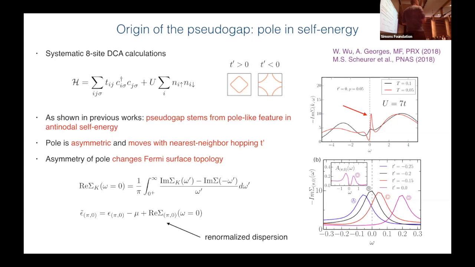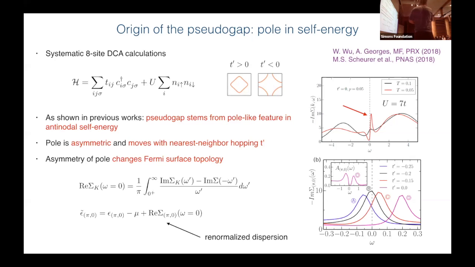So that's what's at the origin of the pseudogap, but it comes with some consequences. And then you can understand from the Hamiltonian relation here. If I take that and try to compute the contribution of the real part of the self-energy at low frequency, which is something that controls the shape of the Fermi surface, because this is basically what's going to renormalize your chemical potential, well, that comes from an integral of that pole, and according to whether the pole is at negative or at positive energies, this contribution here will be positive or negative.